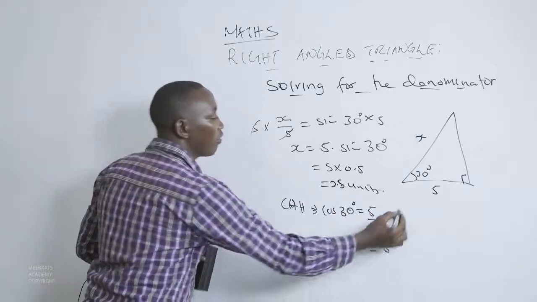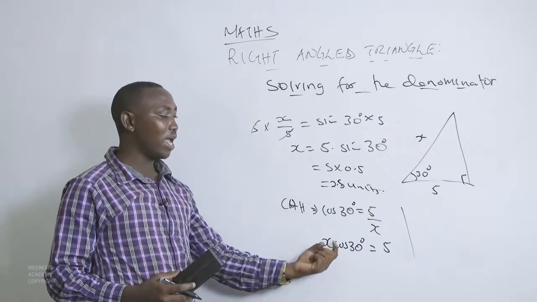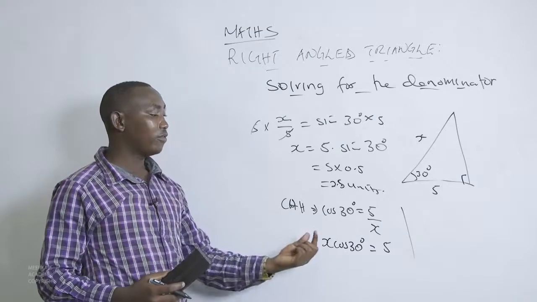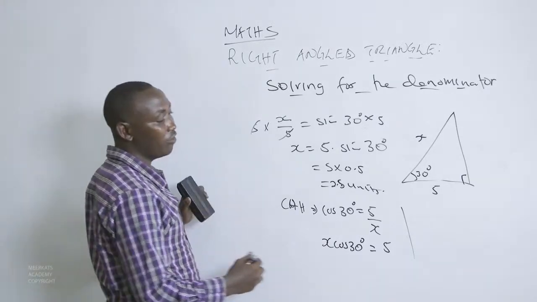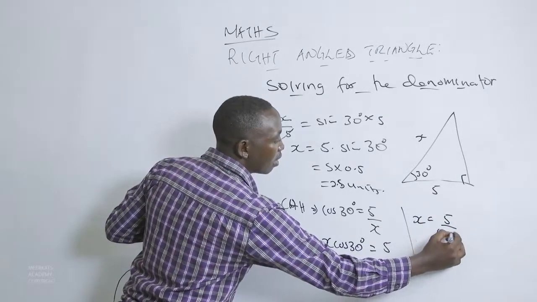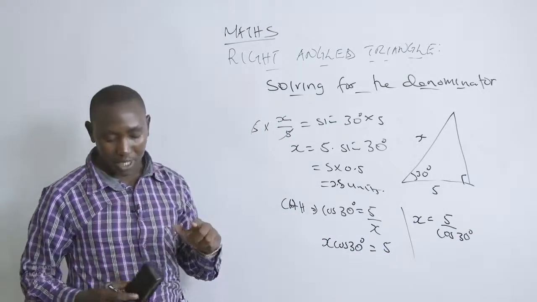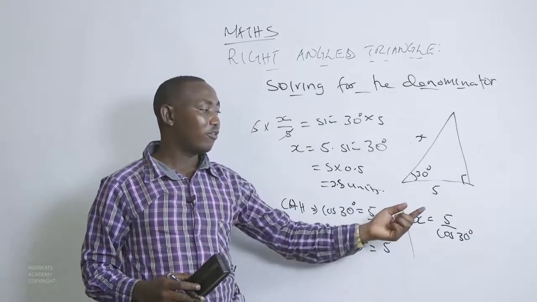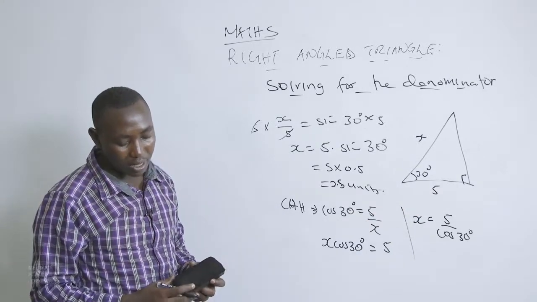Now finally, for you to get x, because on the left hand side we have x cos 30 degrees, you have to divide through by cos 30 to obtain the value of x. Therefore we divide both sides by cos 30 degrees, and to get the denominator, you take 5 all over the cosine of that particular angle that you had been given.